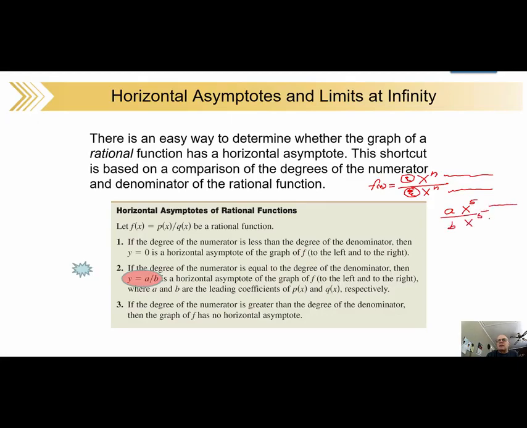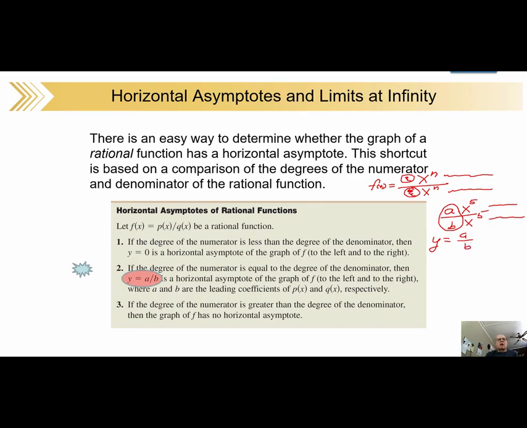And you might have some other terms, but the leading one is the one that draws you to an asymptote. If this is the case where the degrees of the polynomials are the same, then these two will give you a horizontal asymptote. And it'll be very simple. Y equals a over b, period.